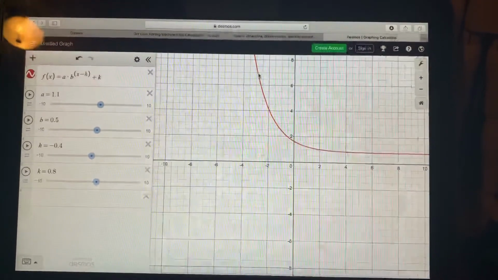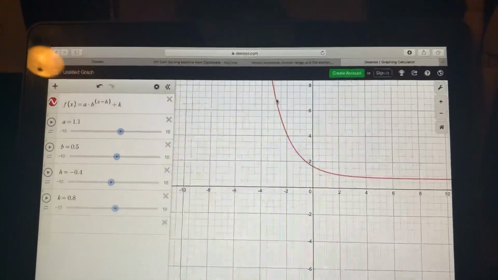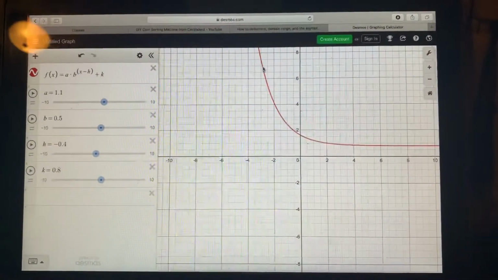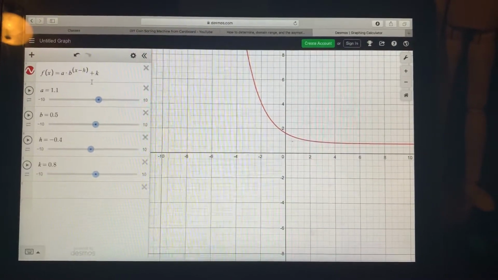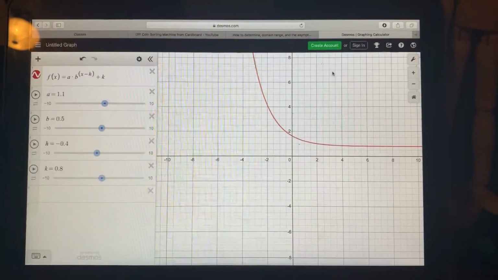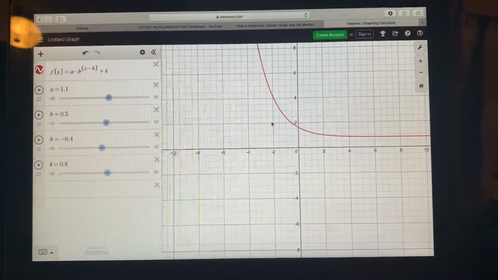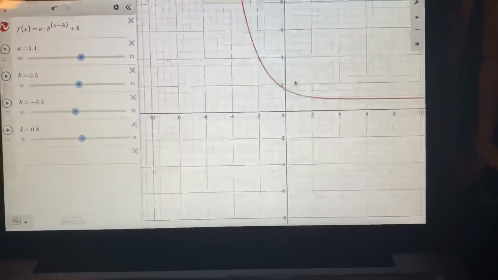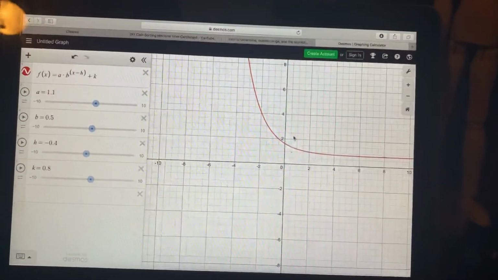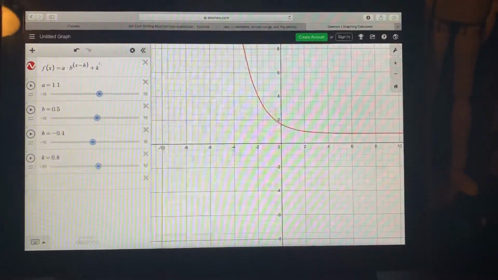So that's pretty much the exponential parent function. The only thing that makes things different is when you do have numbers to plug in. Sadly, I'm holding my phone and recording this. My computer doesn't have a screen recording function because it is very old and very slow. But the numbers that you decide to plug in will always shift it up or down and all around.